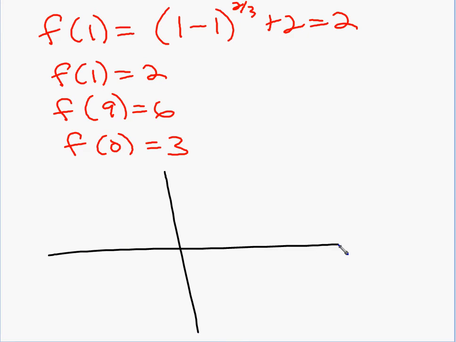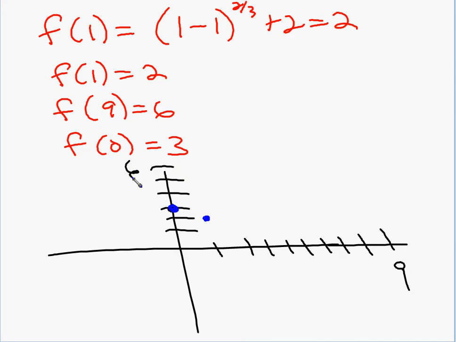I'm just going to plug those points in. f of 0 equals 3, so there's a point here at 3. f of 1 equals 2. And f of 9, 2, 3, 4, 5, 6, 7, 8, 9, equals 6.